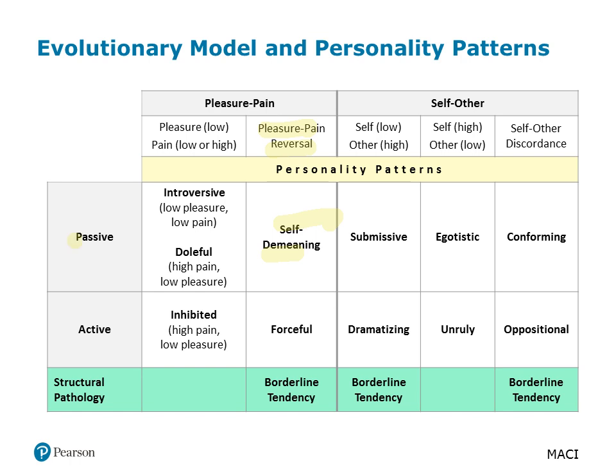Now, they passively accept pain and sometimes may even encourage pain in intimate relationships. When you think about the forceful personality, which also is characterized by that pleasure-pain reversal, this is an individual who assumes an active role when you think about controlling, dominating, and maybe intimidating others.